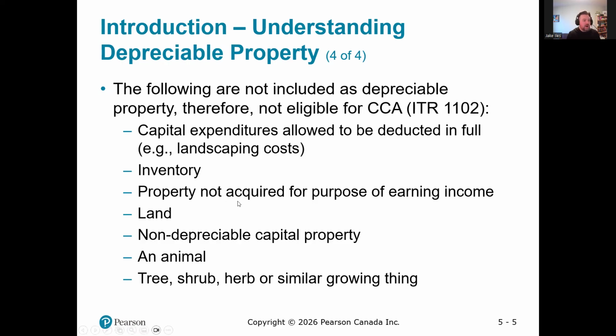Any property not acquired for the purpose of earning income, this is especially true of anything you buy personally. If it's not used to produce income, let's say I bought a TV. I bought a TV, I'm using it myself. Even though that TV is only going to be good for a couple years, I can't depreciate the TV because it's not associated with any income that I'm earning.